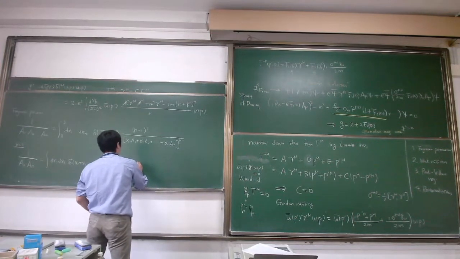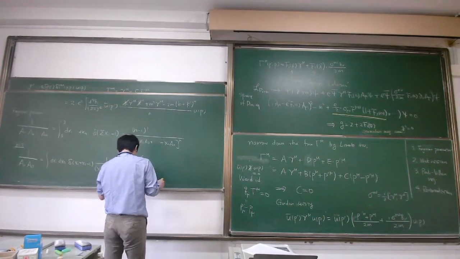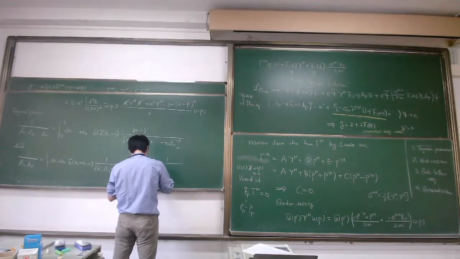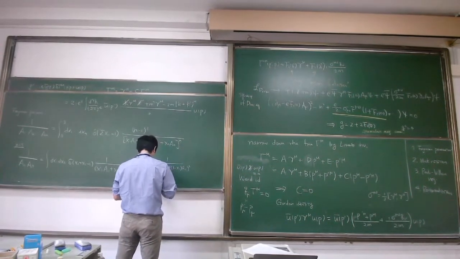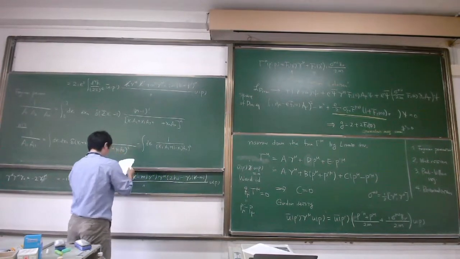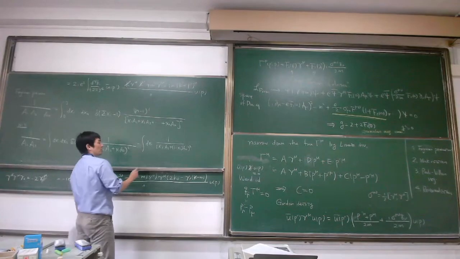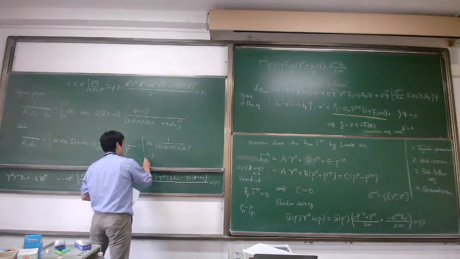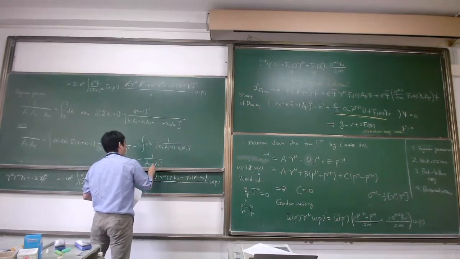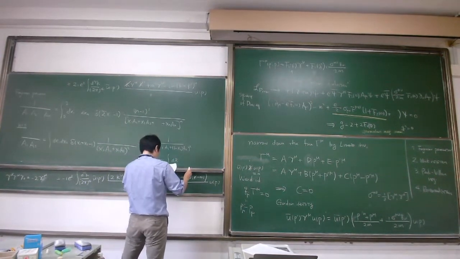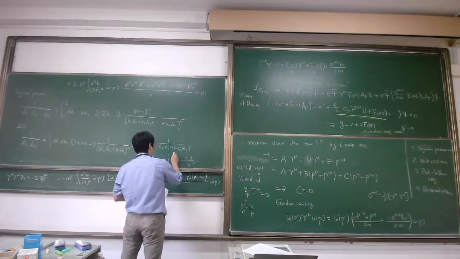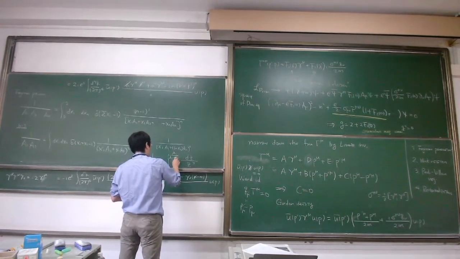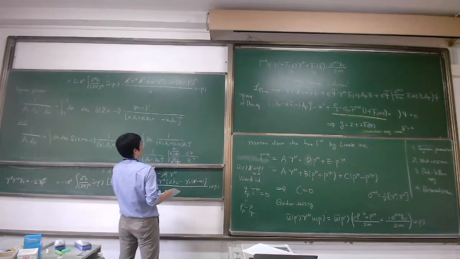Therefore, this is equal to, and then by change of variable, this can be set something like this way: 1 over (a1 minus a2) squared, dz over z squared.